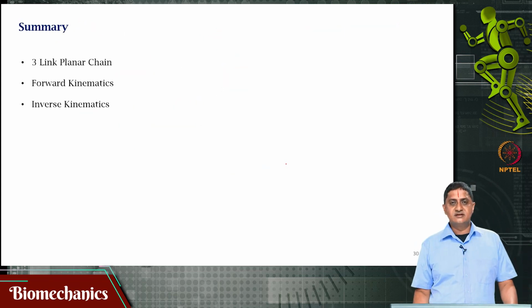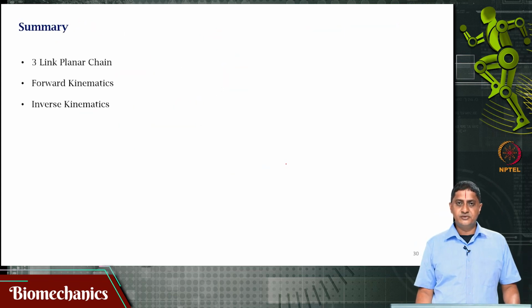So, with this we come to the end of this video. In this video we saw forward kinematics of a simple 3-link planar kinematic chain, and inverse kinematics of the 3-link kinematic chain. Importantly, we assumed that we know the sum of the 3 joint angles theta 1, theta 2 and theta 3, so that we can compute their individual values.